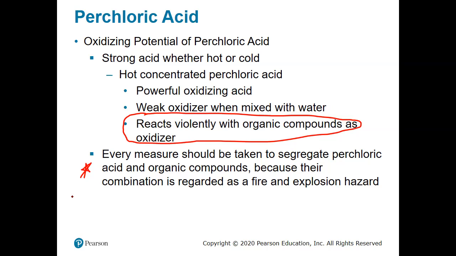So again, very similar to nitric, but with one important difference. There is a greater explosion hazard for the combination of organic materials and perchloric acid. They have to be kept separate from each other.